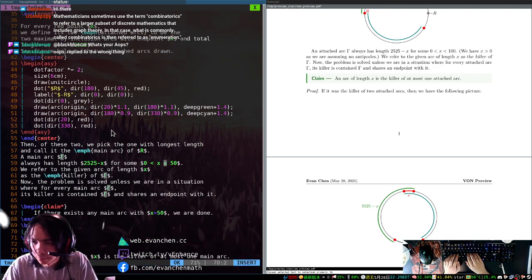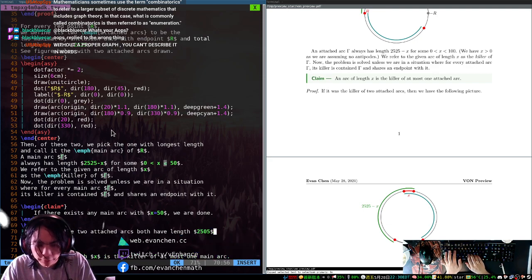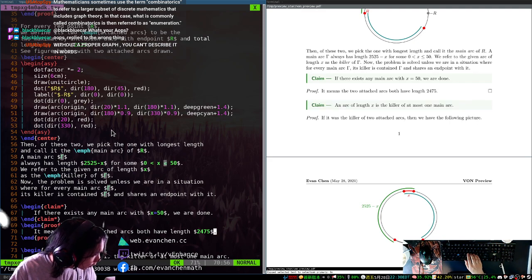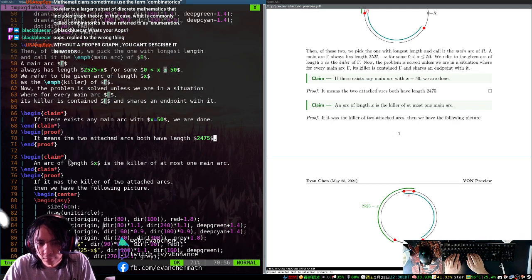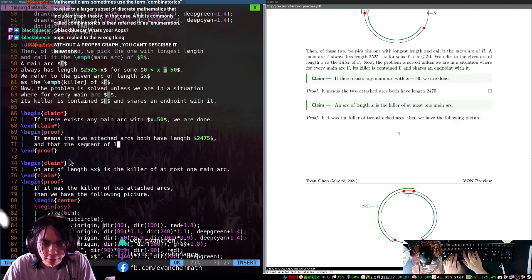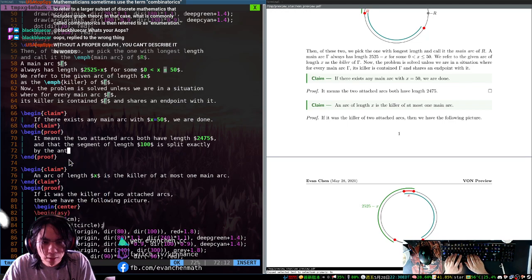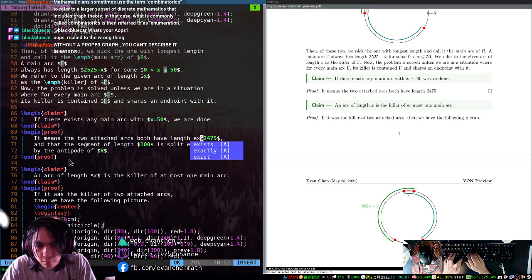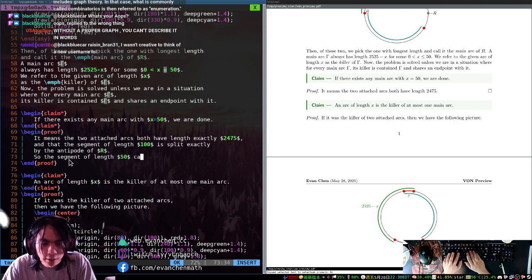The proof is that it means the two attached arcs both have length 25 minus x, and that the segment of length 100 is split exactly by the midpoints. So the segment of length 50 can't be killers of both.